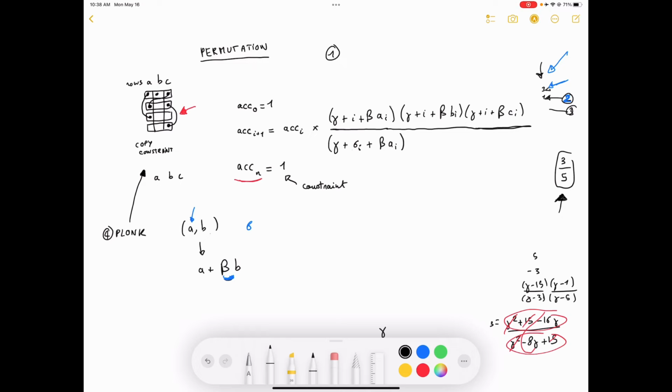So now we really have a grand product argument, like a multiplication with all of these terms. They're kind of in the same list, and they're going to mess with one another. So actually this doesn't work.